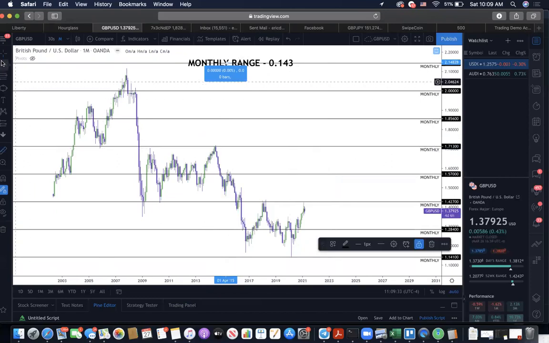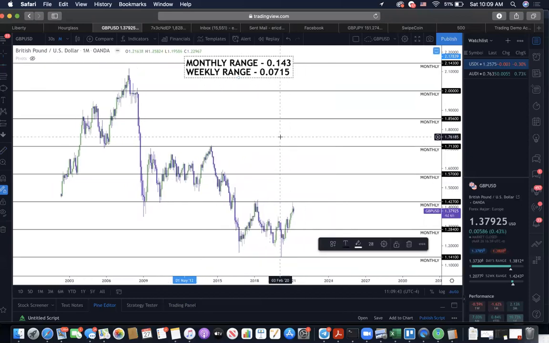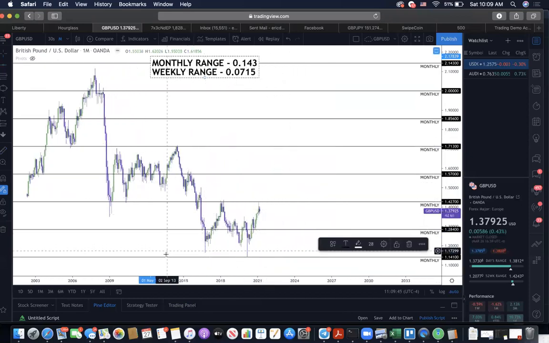So let's see. All right, so now to get my weekly, I just add 0.0715 to here. And then I just add 0.143 to get this area plus the next area to get my weekly.